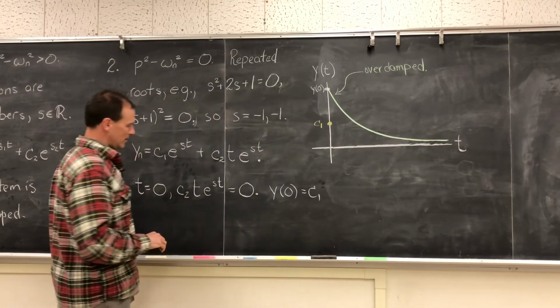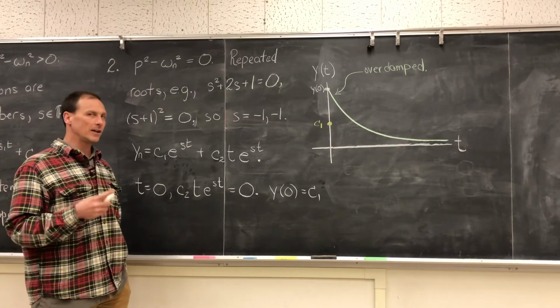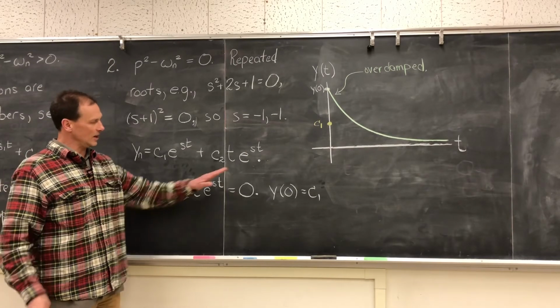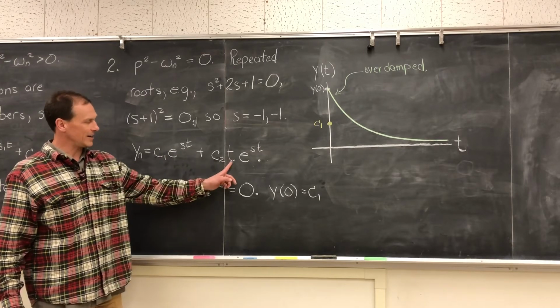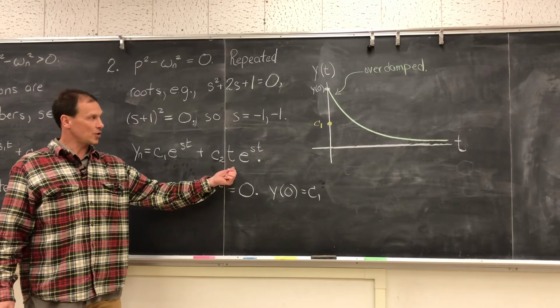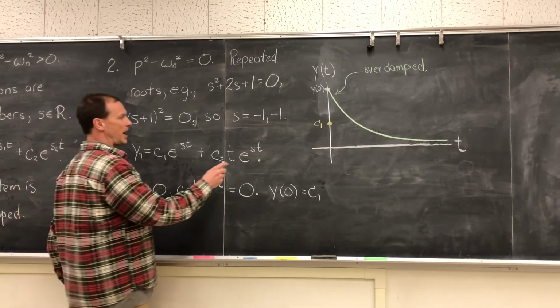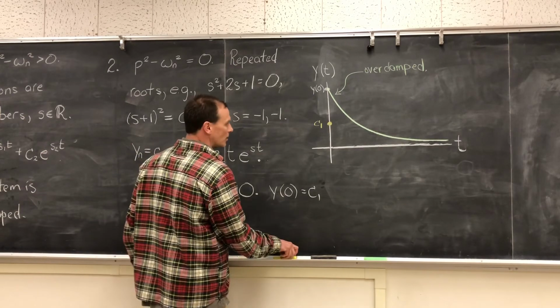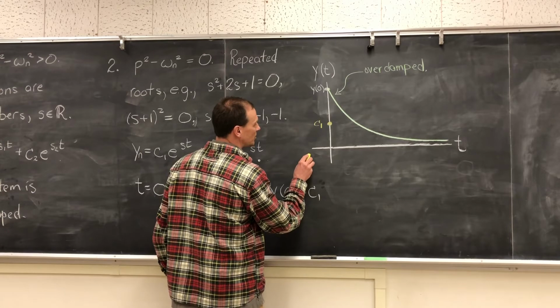Next, we don't normally think about negative time, but in this case it's interesting in that these two terms are exactly the same except for the t. When t is negative, this term becomes negative. If you graph it, your negative solution would be negative.